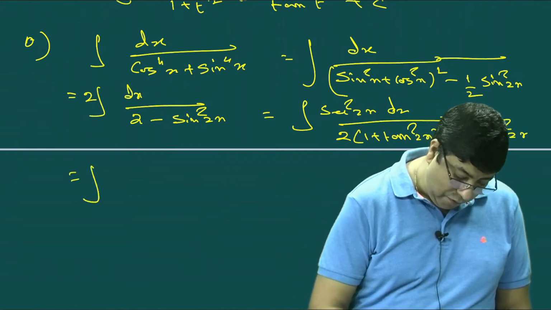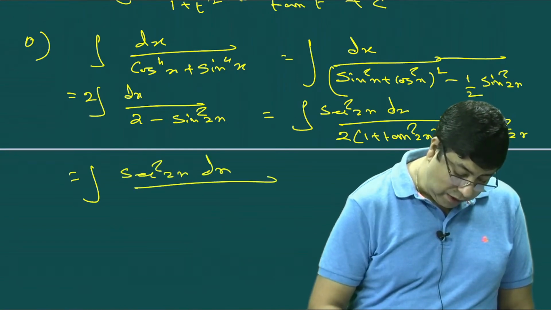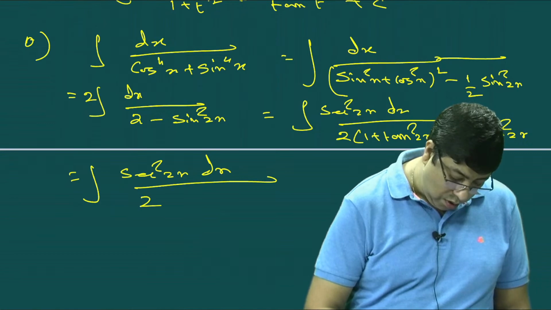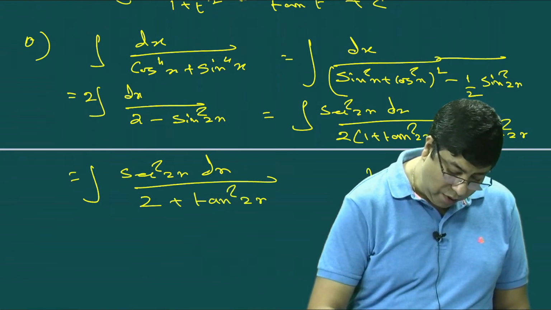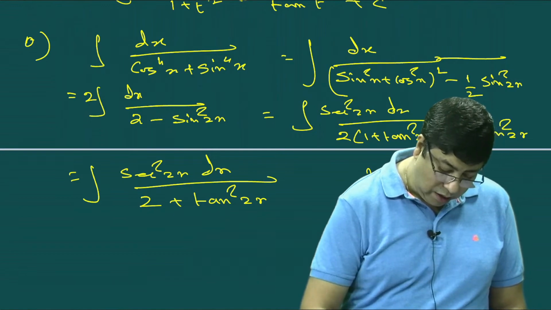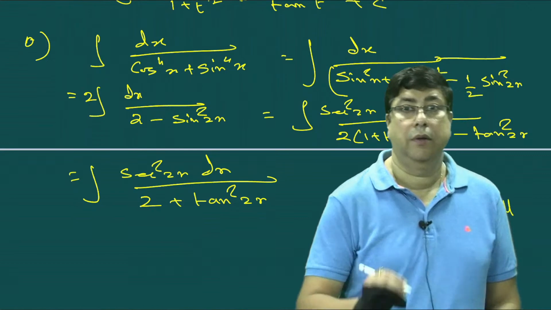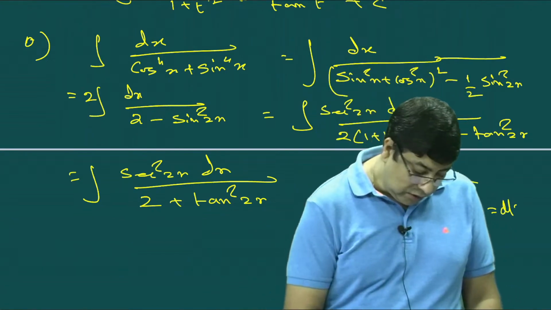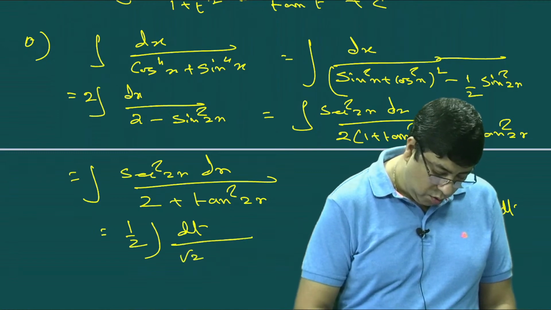So the final form of the sum is sec square 2x dx by 2 plus tan square 2x, and if we take tan 2x equal to t, then 2 sec square 2x dx equal to dt. So in this case sec square 2x dx is half dt by root 2 square plus t square.